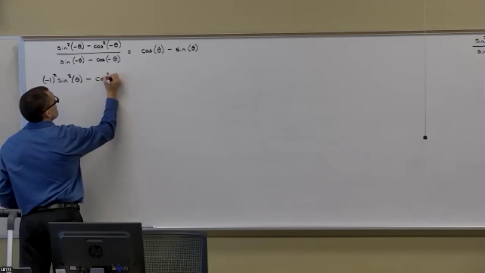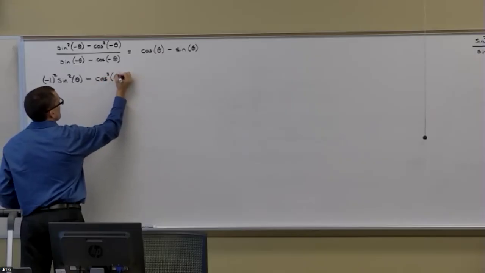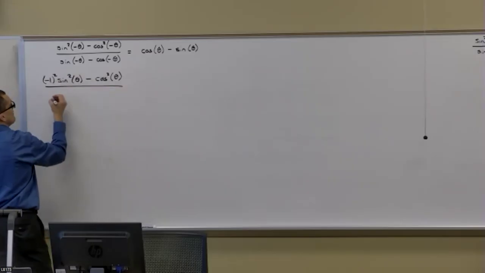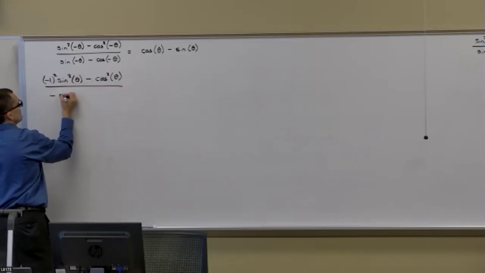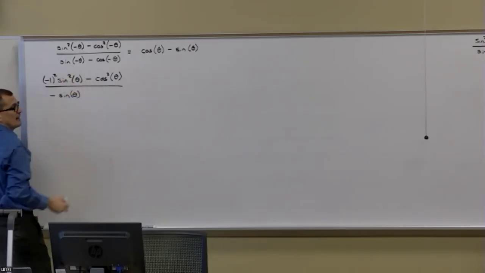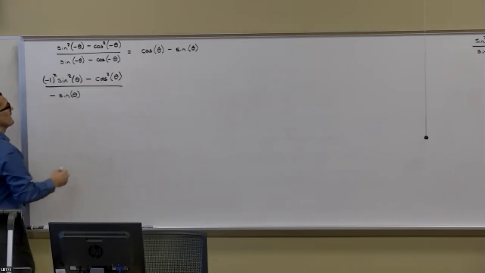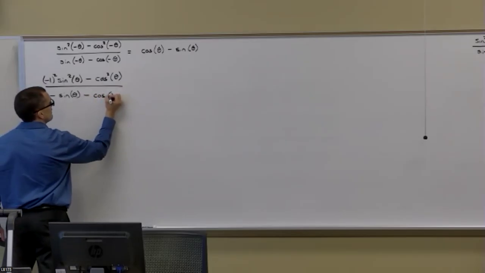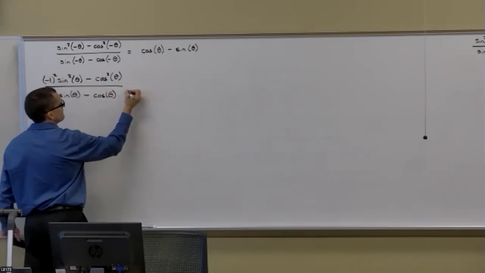So the square is not going to affect that at all. On the bottom, I will have a negative sine theta. There's just one copy of sine on the bottom there. And this is a minus cosine theta.